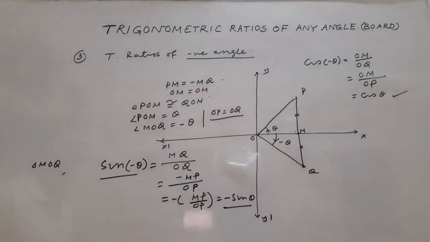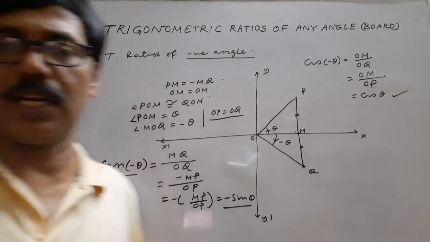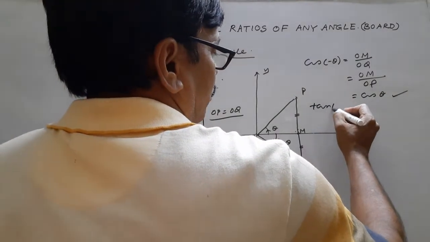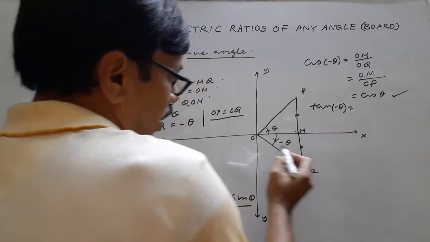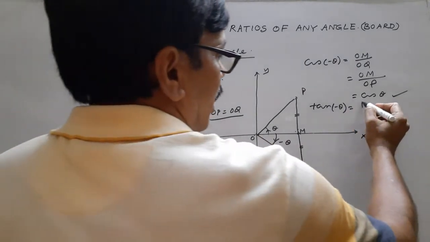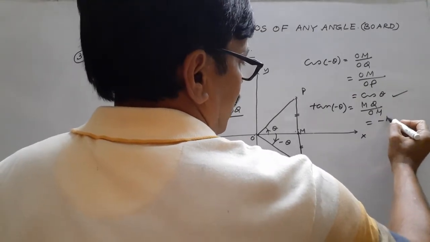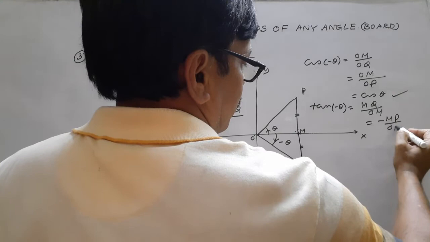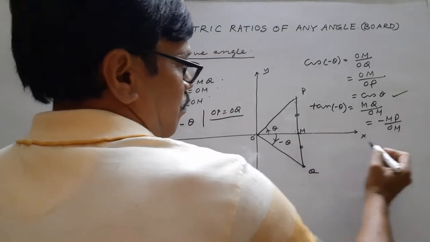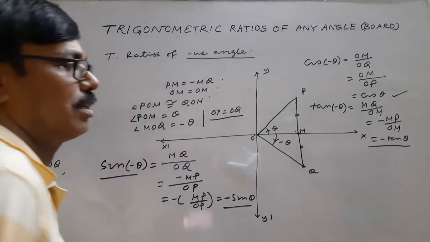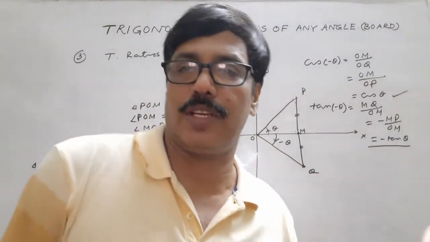So cos of minus theta is cos theta. Now tan of minus theta from the figure: from the lower triangle, MQ by OM, so minus MP by OM, which is minus tan theta.